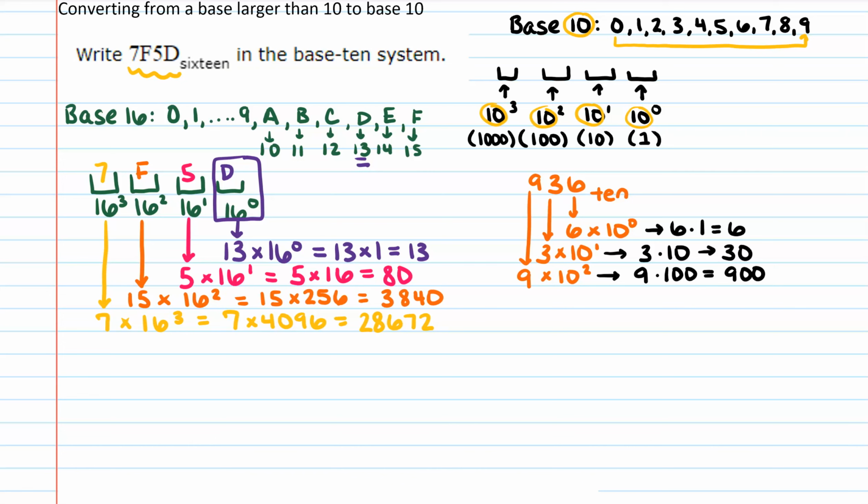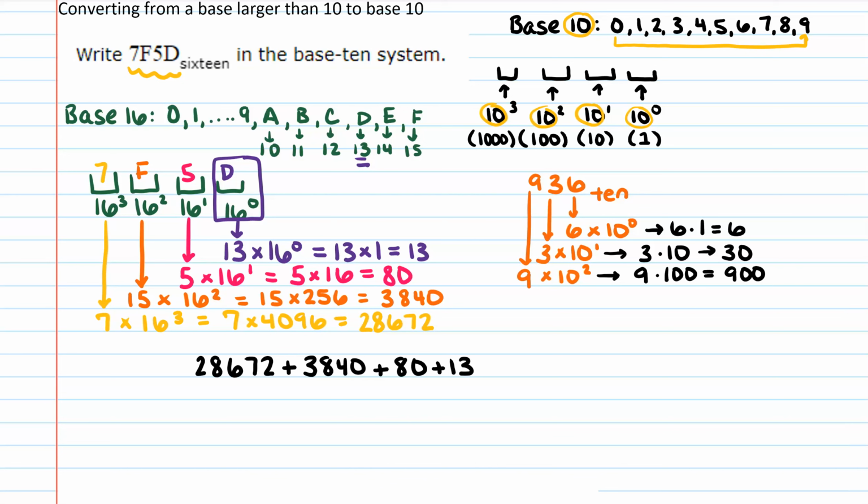Now remember, I'm starting in base 16, but I'm changing to base 10. So my regular base 10 counting comes out by saying thousands, hundreds, etc. So now, if we want to find out this number in base 10, we're going to have to do 28,672 plus 3,840 plus 80 plus 13.